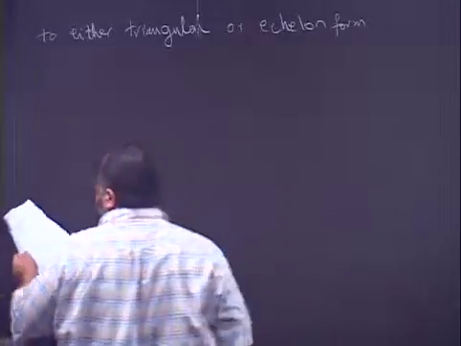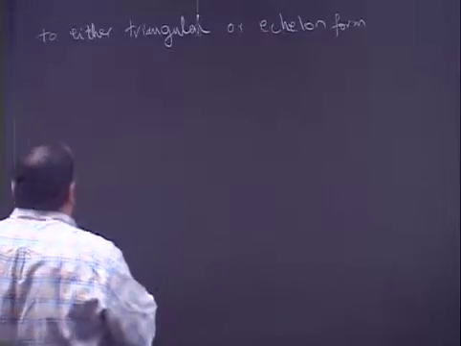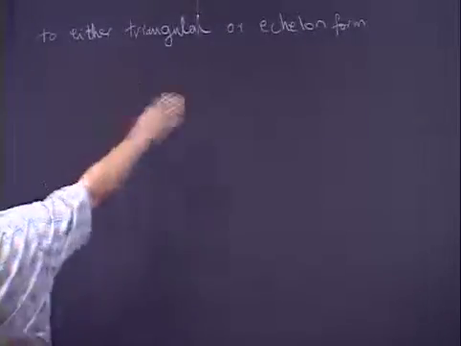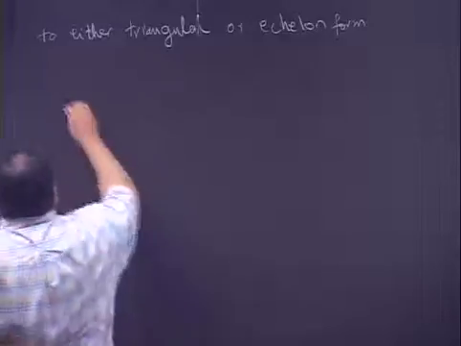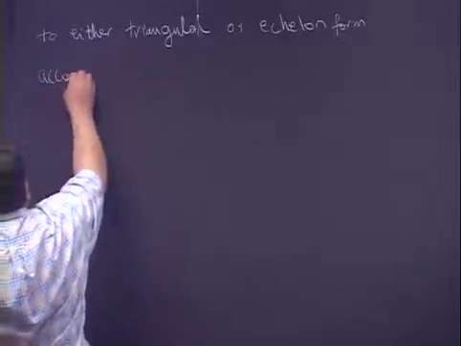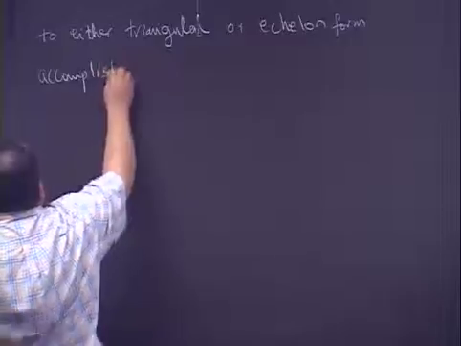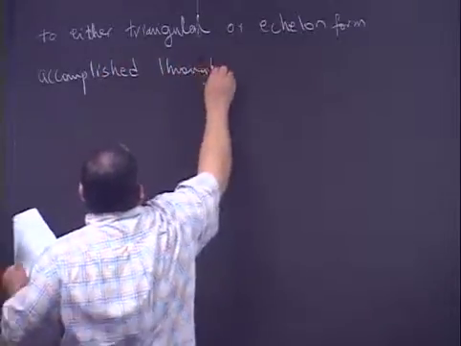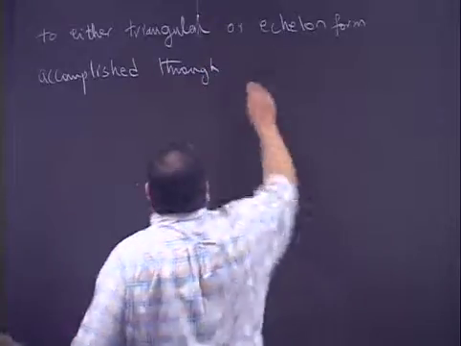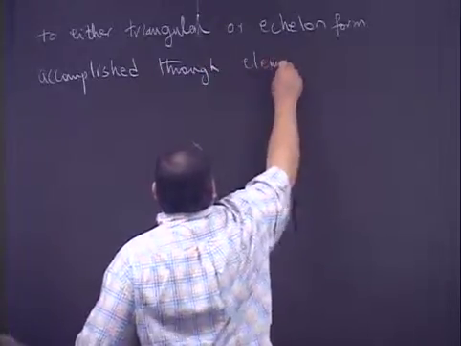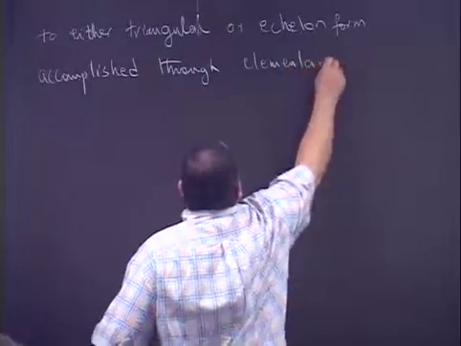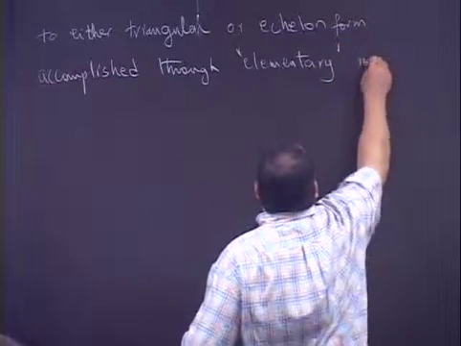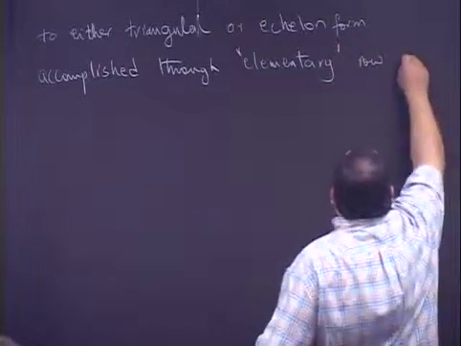And usually when you transform the system to triangular or echelon form, this is accomplished through what we call elementary row operations.